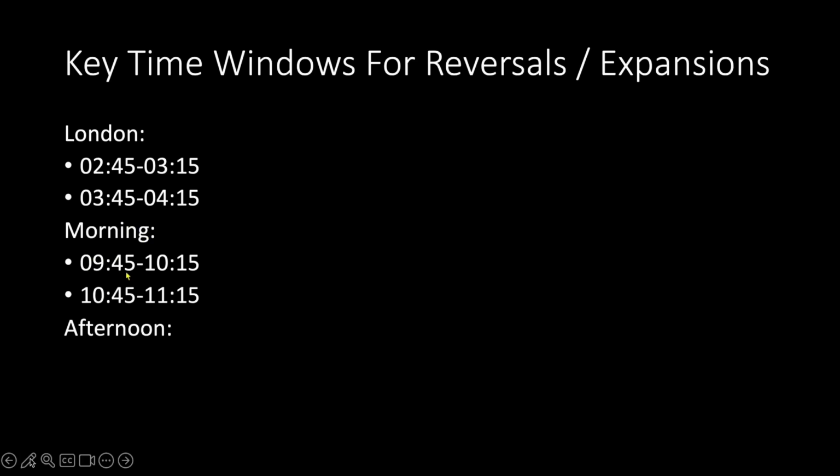So engineer liquidity on both sides of the marketplace for at least an hour, and then manipulate to one side of the marketplace, trap people into believing that it's going to go one way, and then from 10:45 or around 10:45, a low or high will form, and the market will begin to expand outside of that range.